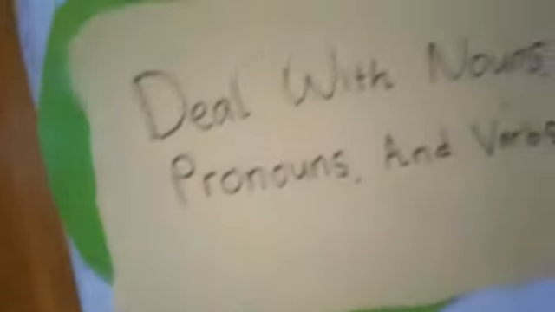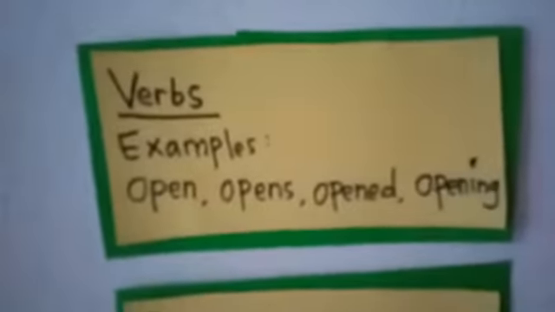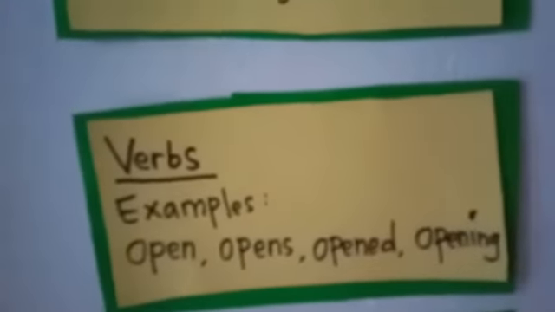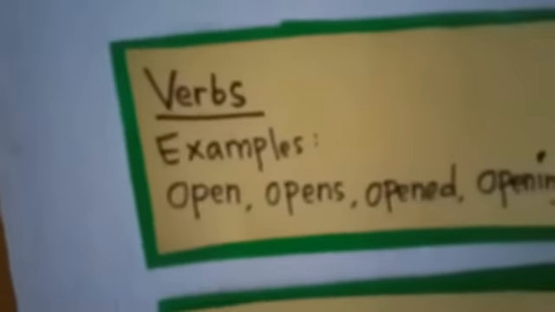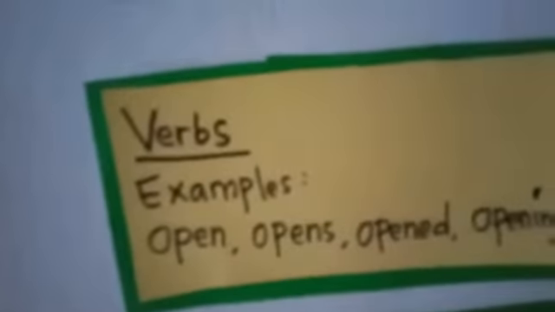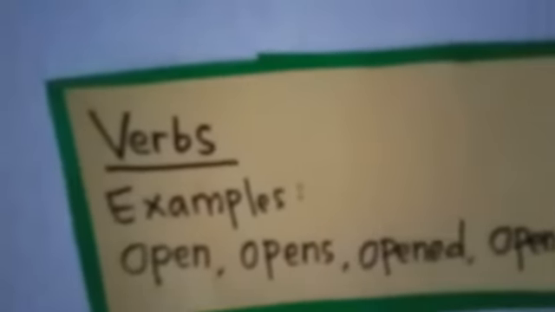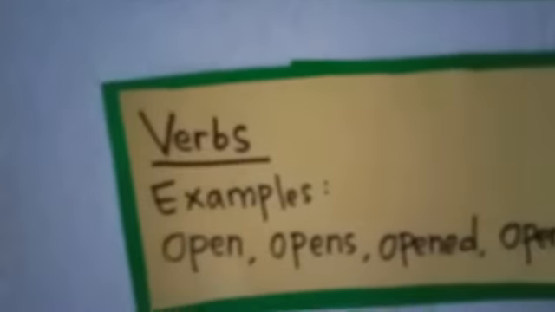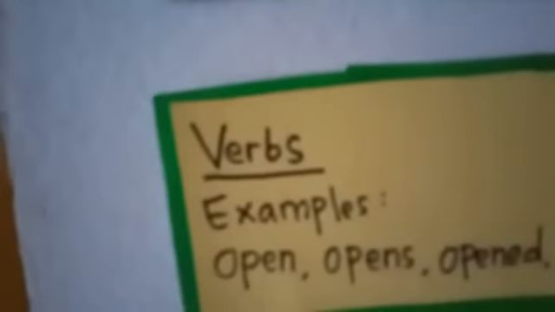And then we go to the second, that is about verb. We know that there are many kinds of verb like open, opens, opened, and opening. Open is for the simple present, that is verb 1. Opens is for the singular subject in present tense.